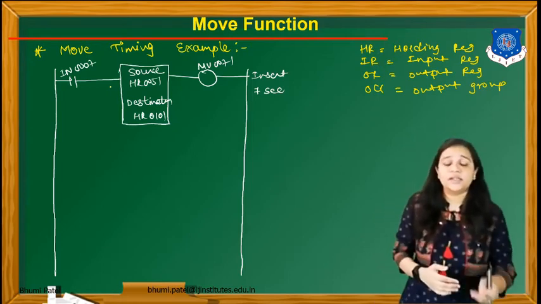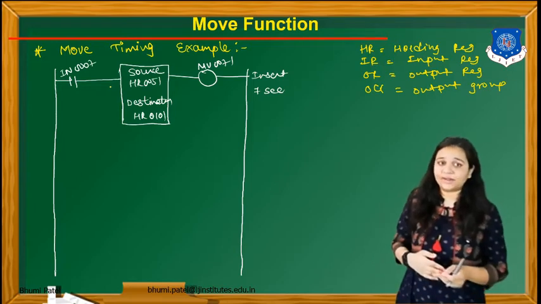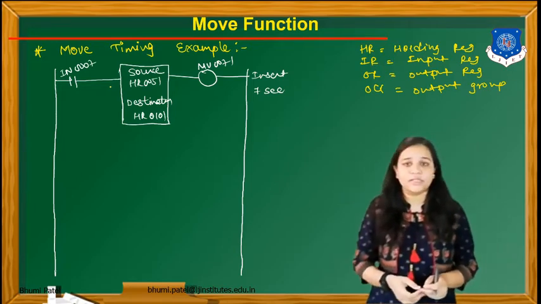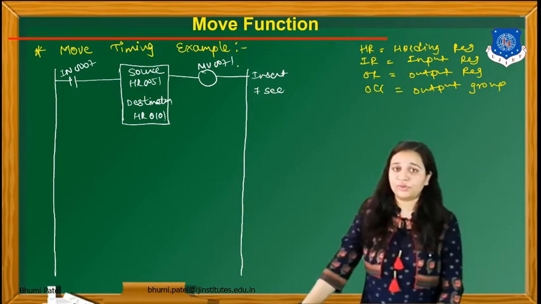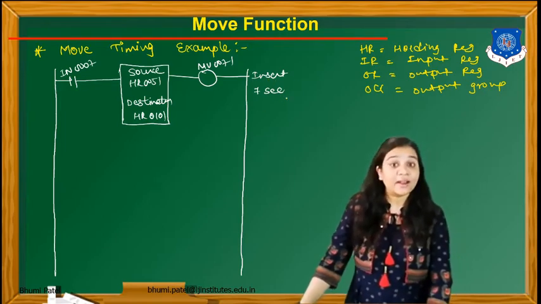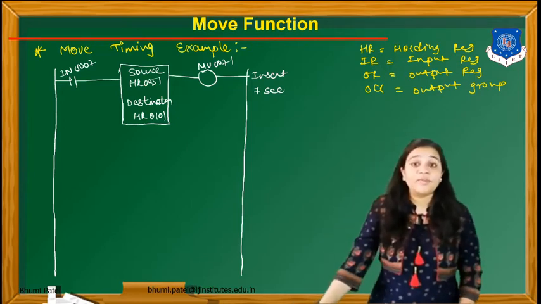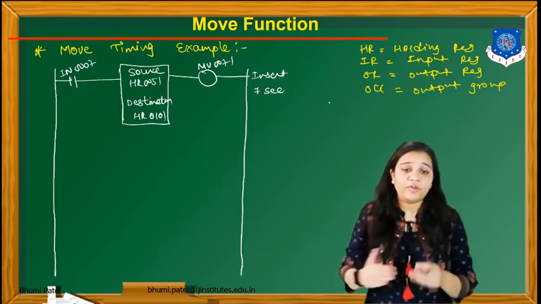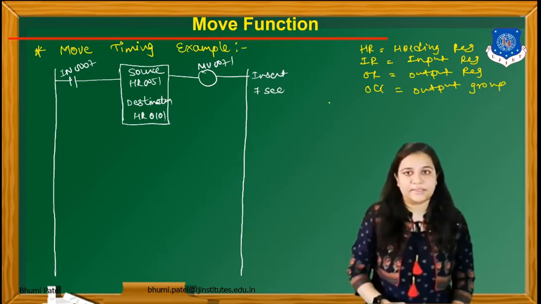Okay, so the source address will be HR0051. Whatever data is given in the source address will be transferred to the destination address, and the address of the destination is given as HR0101, and the command of the move instruction is 0071. Here they will insert 7 seconds. That means in the source they decide the preset value. As you remember, in the timer we write in the block format some preset value and the destination address.